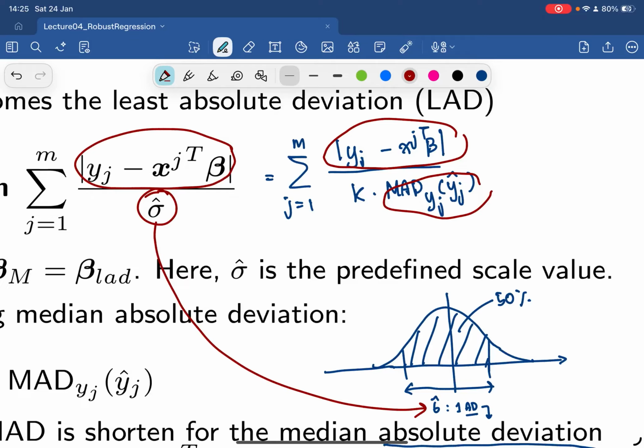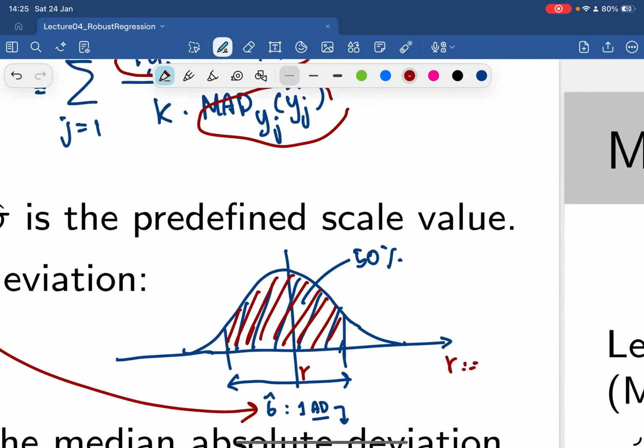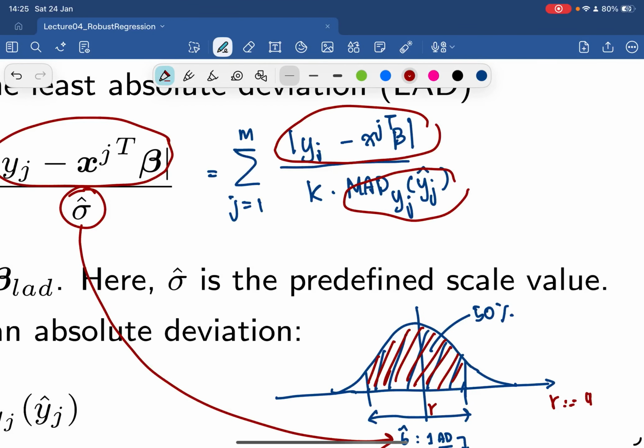And to cover 1 absolute deviation, you have to find what is going to be the range for your residual. Okay, I'll put this at residual. Here r equals 0, but this is r equal to something, and this is r equal to something.